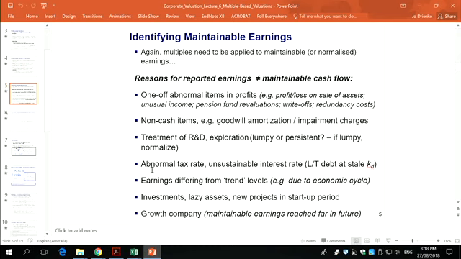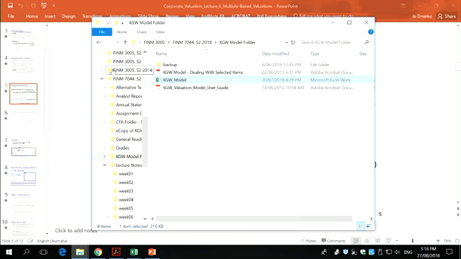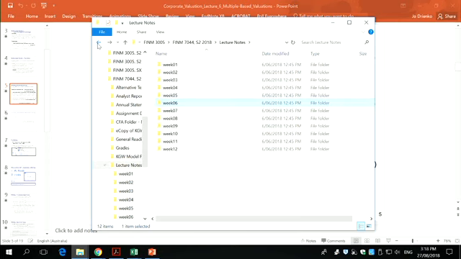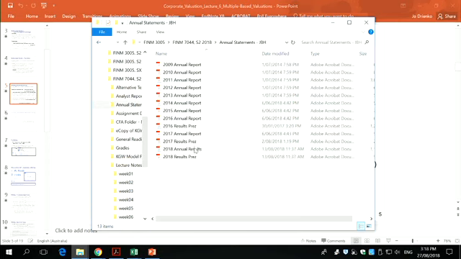There's no R&D, no explanation needed. Any one-offs? There were a lot in 2017. I didn't see too many in 2018. Just look at the income statement. I didn't see any from memory. Let's have a look just in case. 2018. Let's look at the income statement.